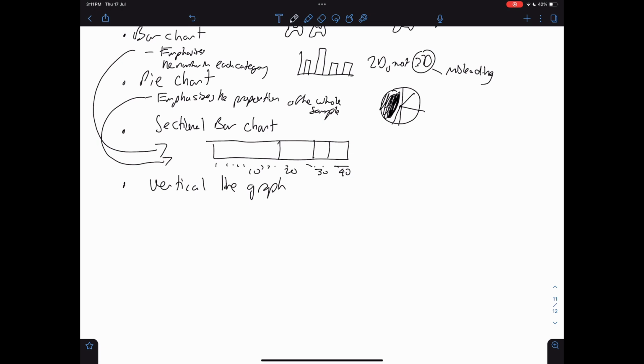And then for a vertical line graph, if we go back to favourite colours, and it said Jan, Feb, March, you could do a dot here, let's just make this 10, 5 and 15.